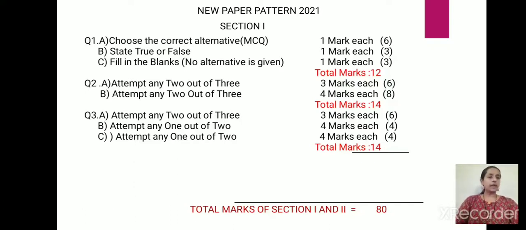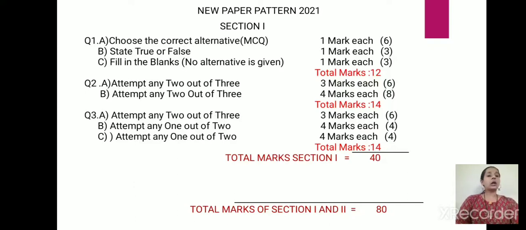We don't know at present, but you can have an activity based question in question 3. So that is the total paper section 1, question 1, 2 and 3. And if you see the total, section 1 is 40 marks, that is the compulsory part. 40 marks compulsory. 12 plus 14 is 26, 26 plus 14 is 40.